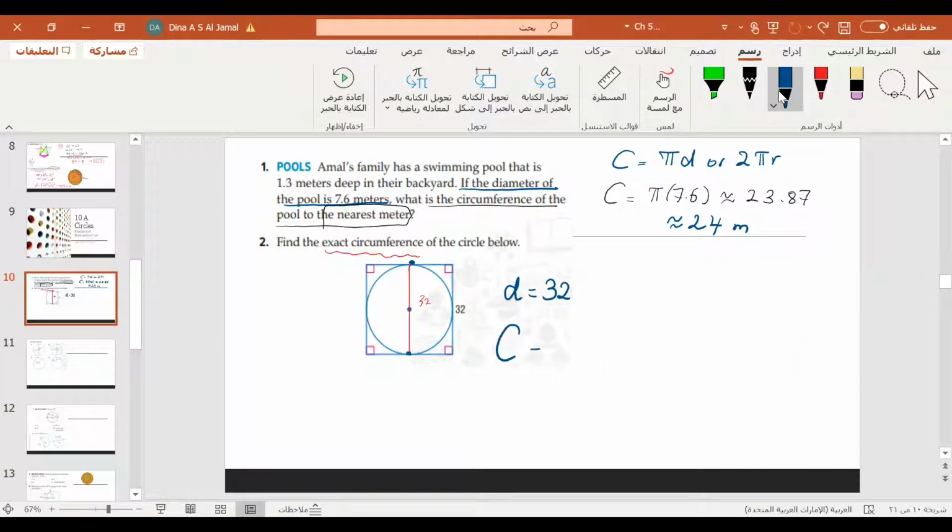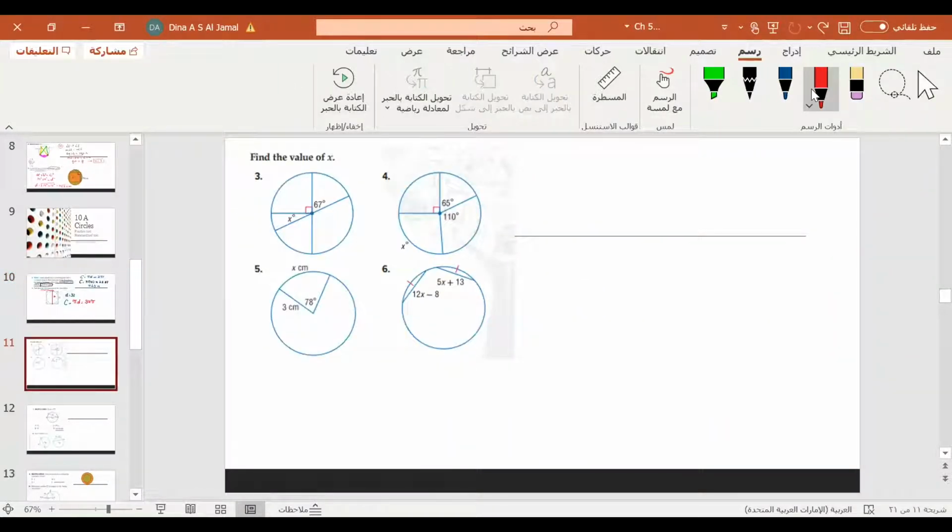Now easily you can find your circumference. So it's all about pi d, 32 pi, and he wanted from you the exact circumference, so no need to round any value. That's it. Now let's go to the other questions.